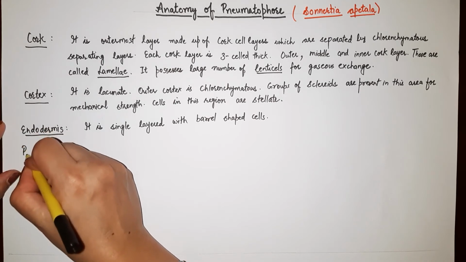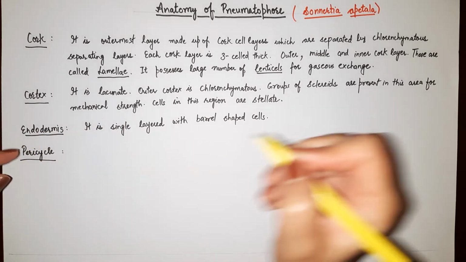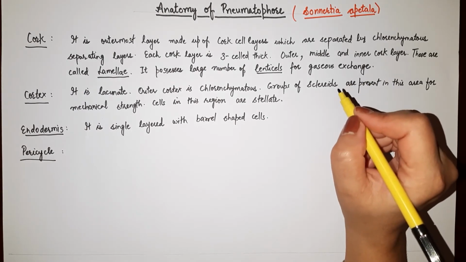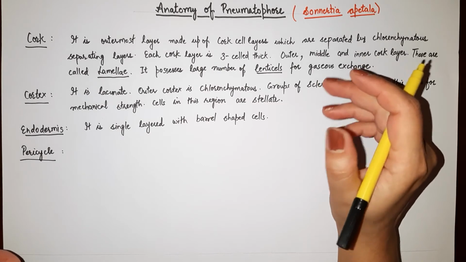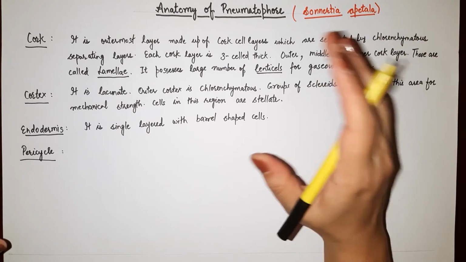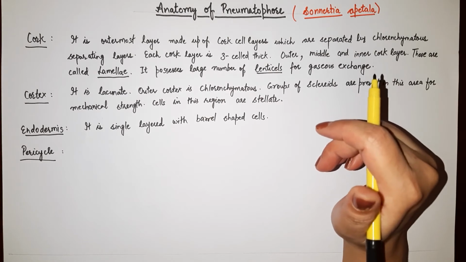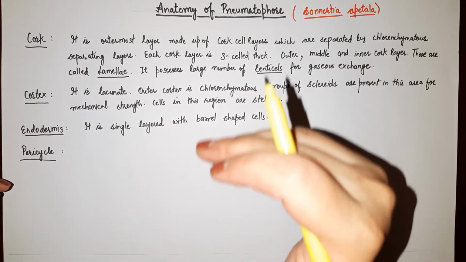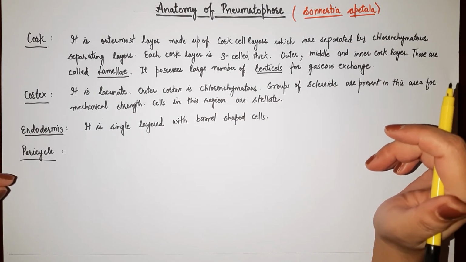Now the another layer is pericycle. If you people remember the dicot stem, there also we study the pericycle having two type of patches, sclerenchymatous and parenchymatous. These sclerenchymatous patches always come just above the phloem elements. So same is the condition here also.